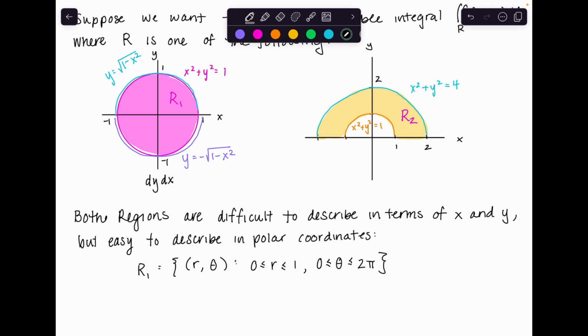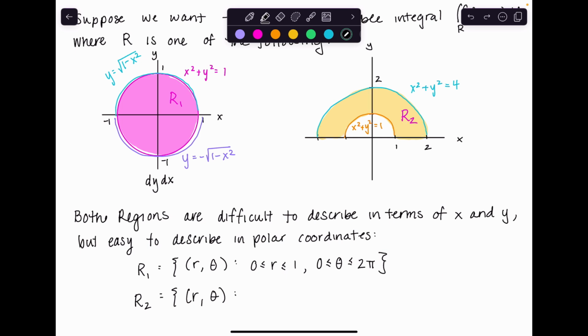So if I can switch over to polar coordinates, I really get constant bounds for my 2 variables. And that's amazing to deal with instead of functions inside my bounds. And then likewise, if I go to describe region 2 in terms of r and theta, here, because it's trapped between 2 circles, well, your radius is then between 1 and 2.